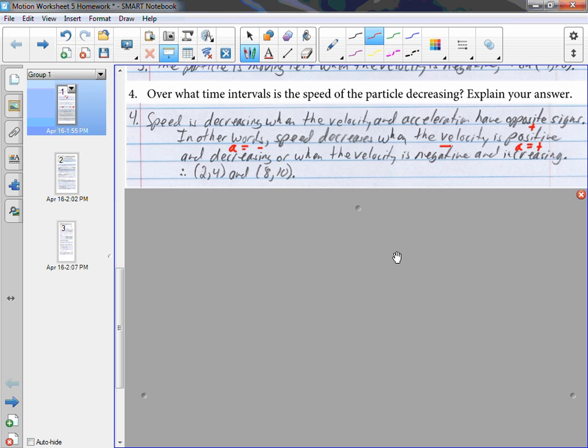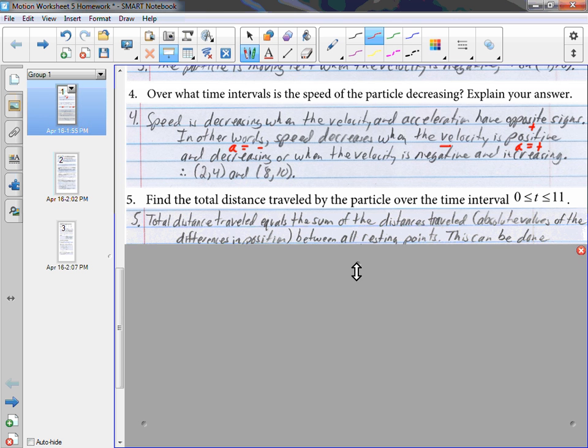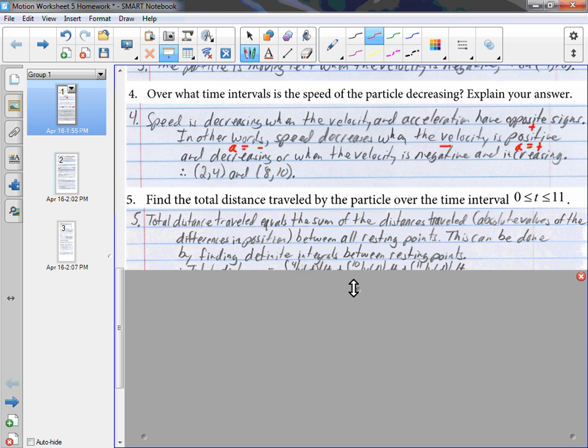All right, number 5. Find the total distance traveled by the particle over the closed interval from 0 to 11. All right, now, we keep coming back to total distance. Total distance traveled equals the sum of the distances traveled between all resting points.